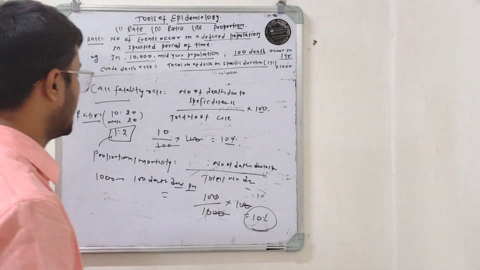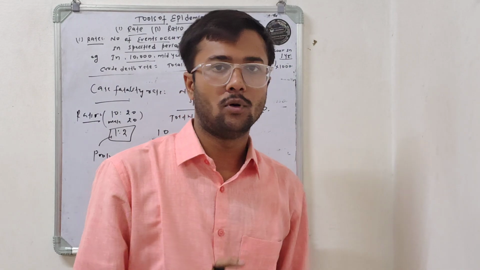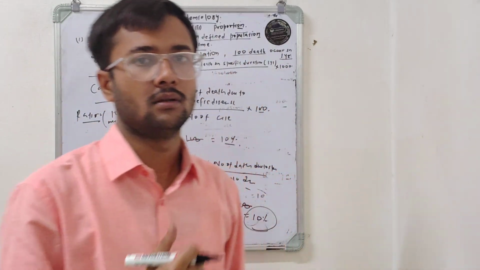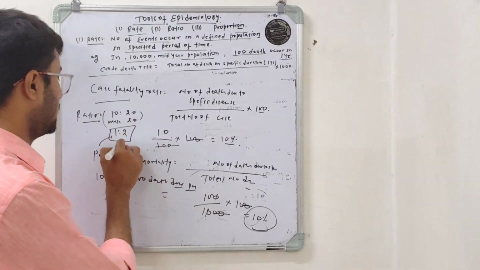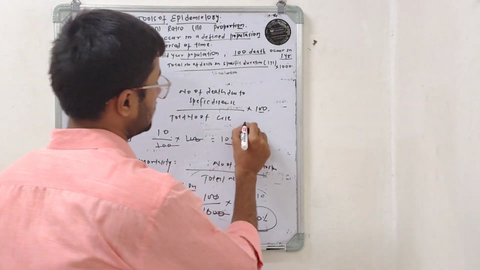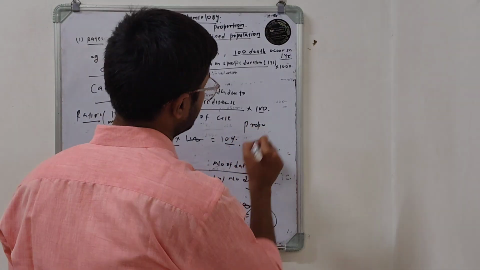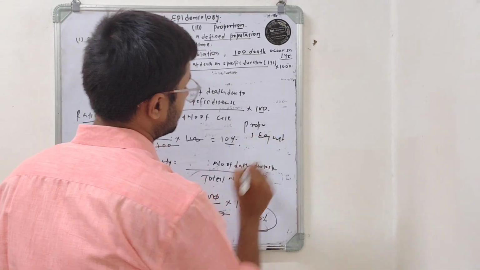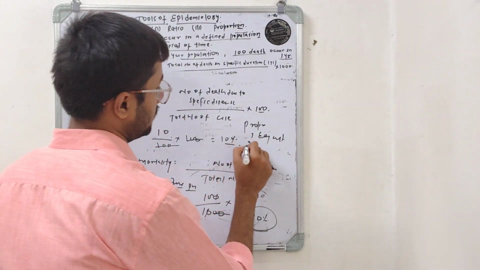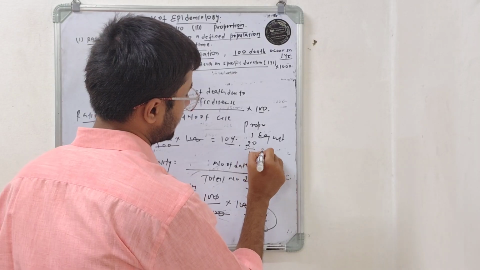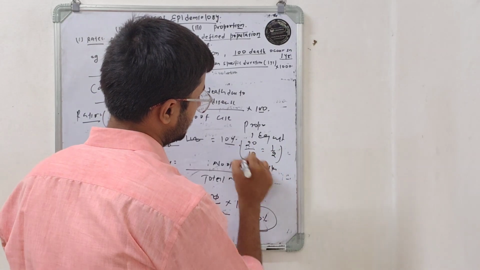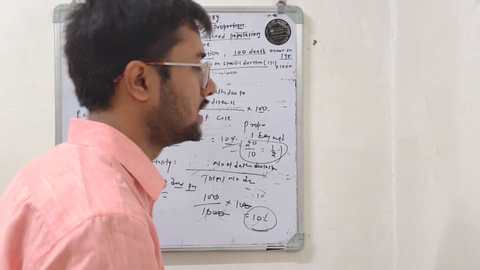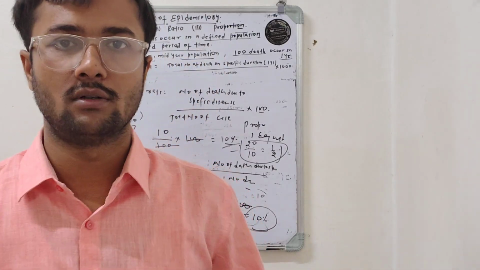This indicates that in a population the number of females is 2 times the male population. And what is the proportion? Proportion is the equality of ratios. For example, 20 ratio 10, we can also write 1 ratio 2, both are equal. So this is all about the tools of epidemiology. That's all for today.